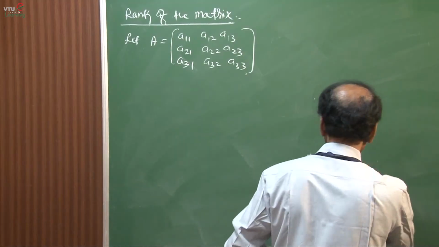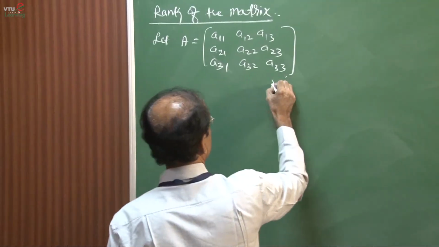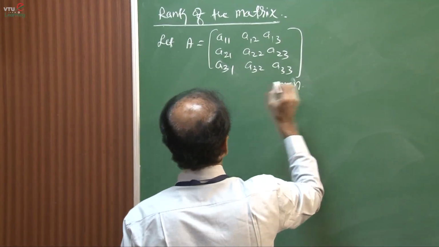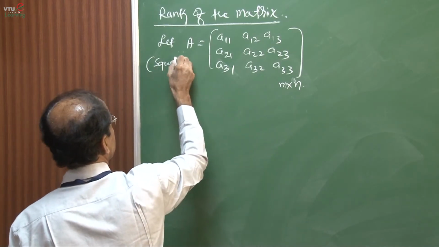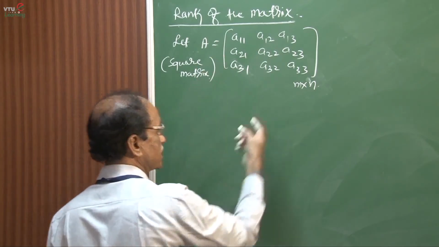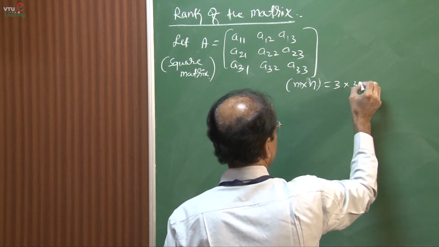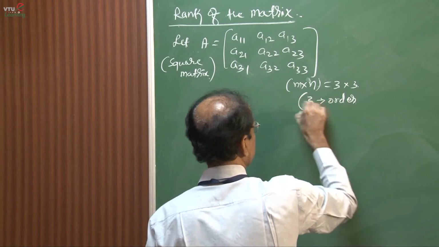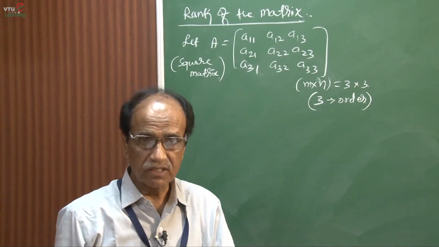Order is nothing but the number of rows and number of columns. It is a square matrix, 3 cross 3, so 3 is the order here. The highest order of the matrix is 3.